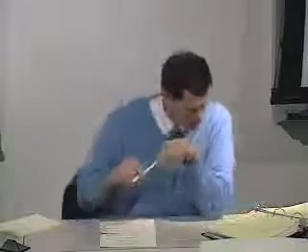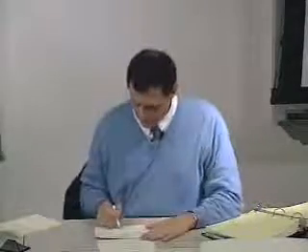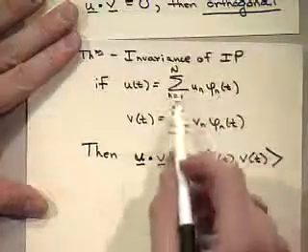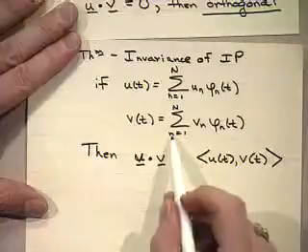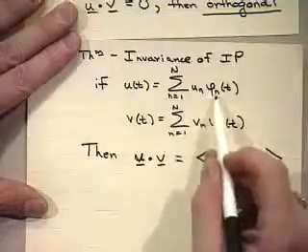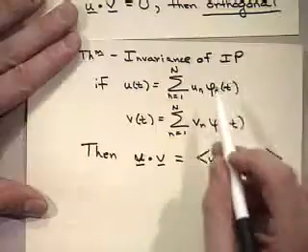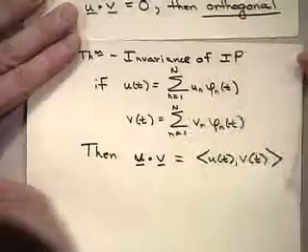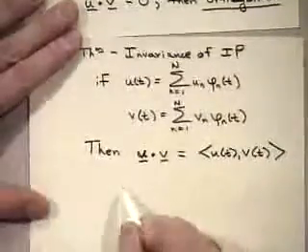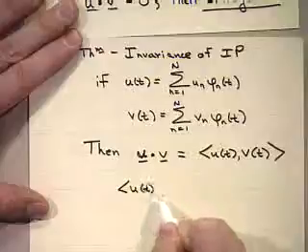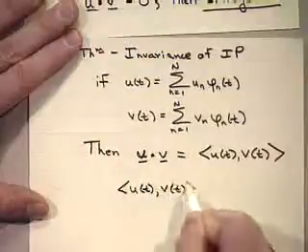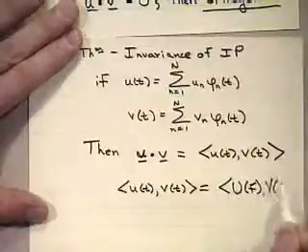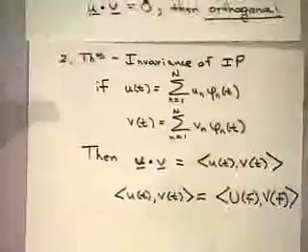Now, a specific example of this is if I let N go to infinity and turn these into integrals, and the phi n of t actually look like e to the j omega t, like you see in Fourier transforms. A version of this is that, as long as both of these functions have a Fourier transform, u of f and v of f, the inner products are equal, which is sometimes called Parseval's theorem.